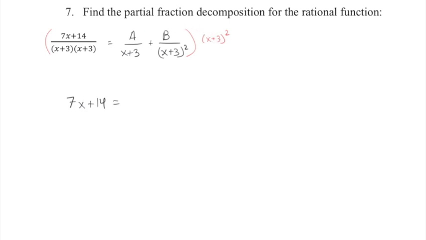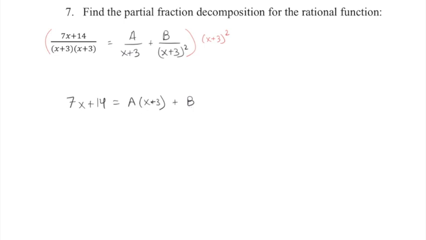When this multiplies here, x plus 3 cancels with one of these x plus 3's, so then a multiplies the other x plus 3. Now when this x plus 3 squared multiplies to this partial fraction, the whole x plus 3 squared cancels out, leaving just b. So we have one equation to solve for two unknowns.